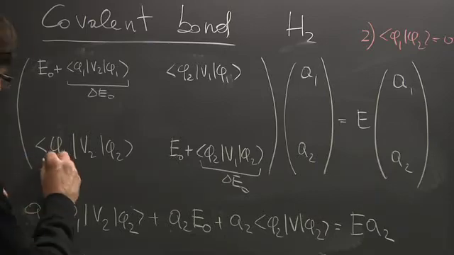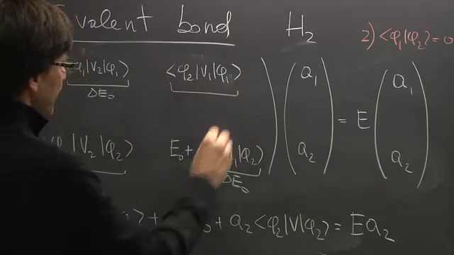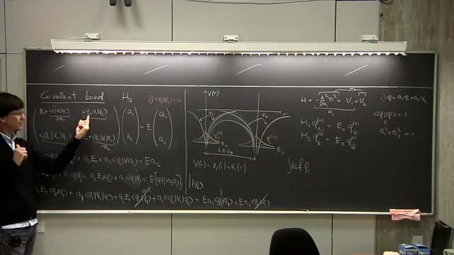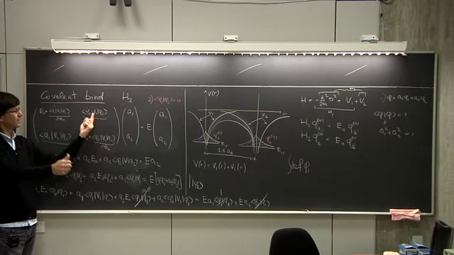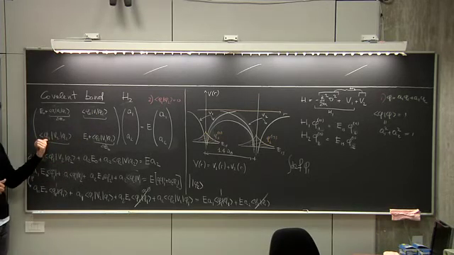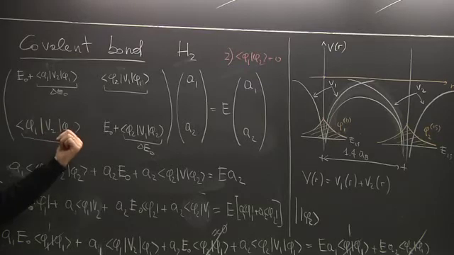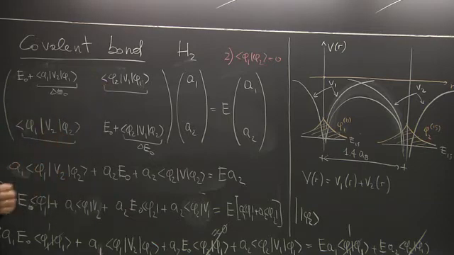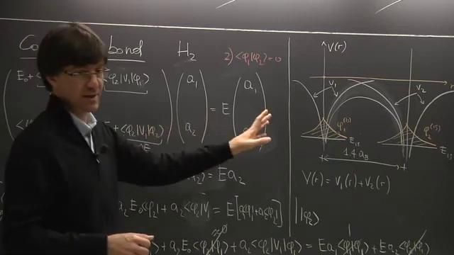What about this one and this one? Here it's a bit more complicated, but it's wave function on 2 times wave function on 1, Coulomb potential on 1. Here, wave function on 1, Coulomb potential on 2, wave function on 2. They're just reverted. When I take the integral, the two give me the same number, if, of course, the two atoms are the same.